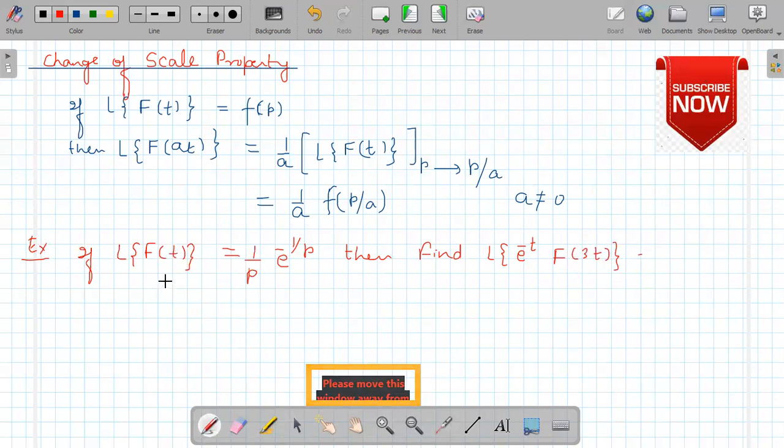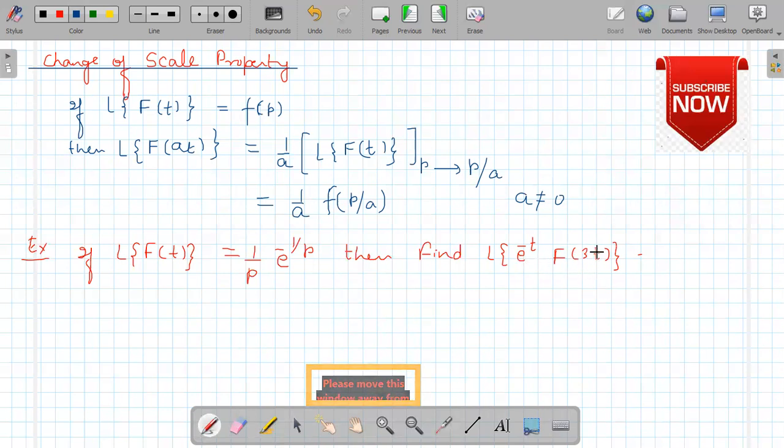Here in this question, you can see that we have changed the scale of the variable t, as well as this whole function is multiplied by an exponential function. So whenever any function is multiplied by an exponential function, then we have to apply first shifting property.